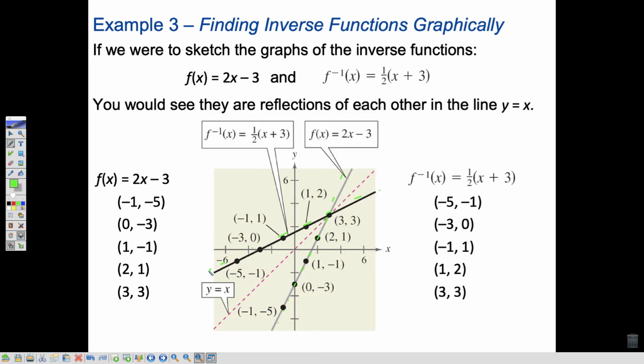Do you see the reflection across that y equals x line? Where did they hit? They hit right on that y equals x line. Now do you see their values also being transposed? Domain became range, range became domain. The table makes it a lot easier. Do we need to write any of that down? No, I just want you to visually see that.